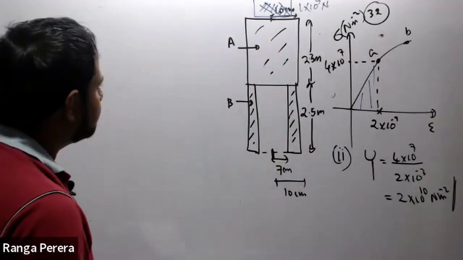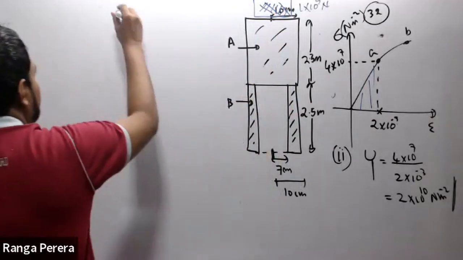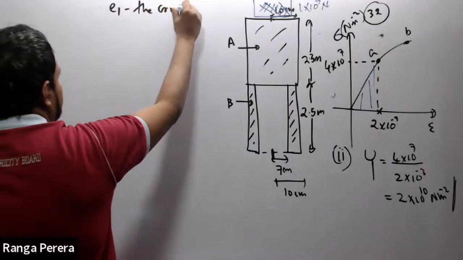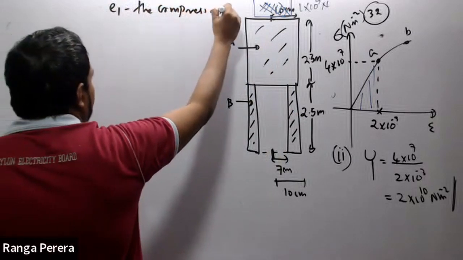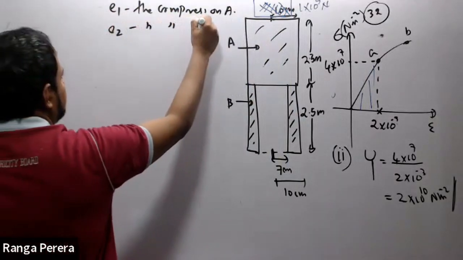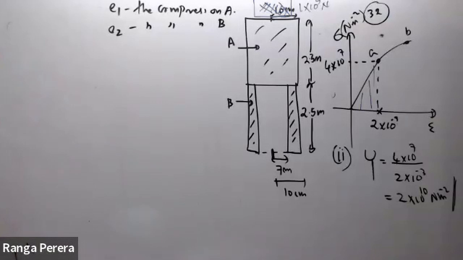Let us find the compression on block A and block B separately. Let's say E1 is the compression on A, and E2 is the compression on B.